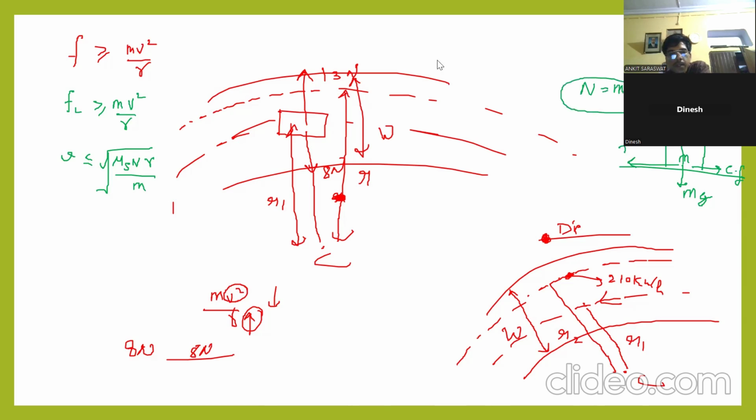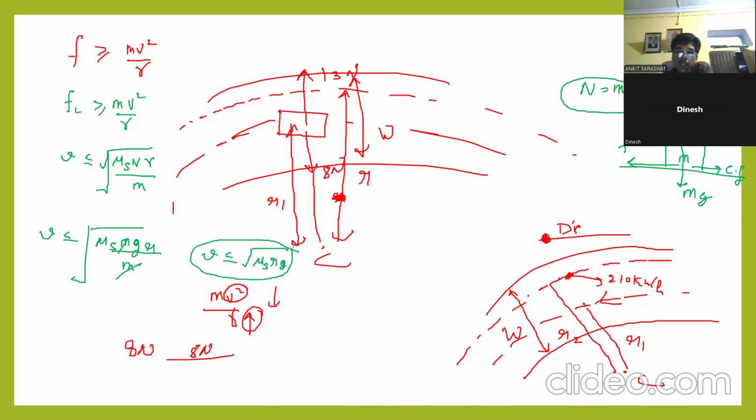Then V will be under root, N will be Mg, r by m. So maximum velocity, what should it be? Under root mu s r g. Very important. So safest velocity for a turn.